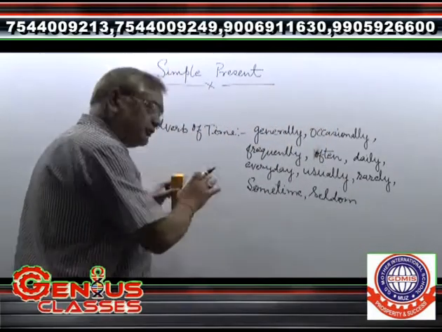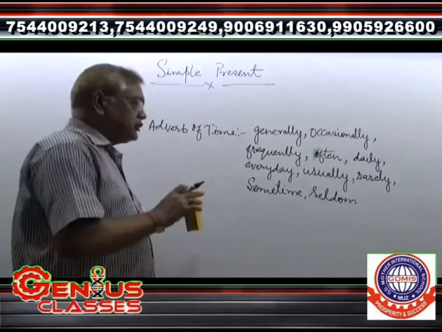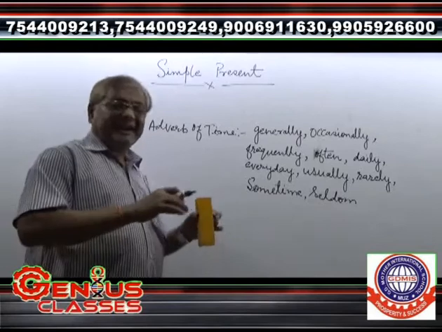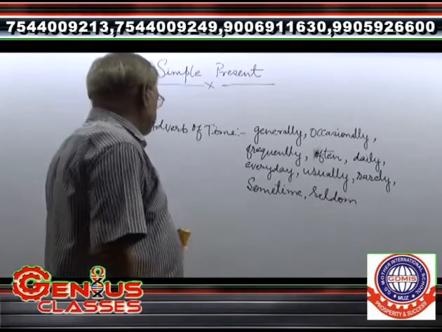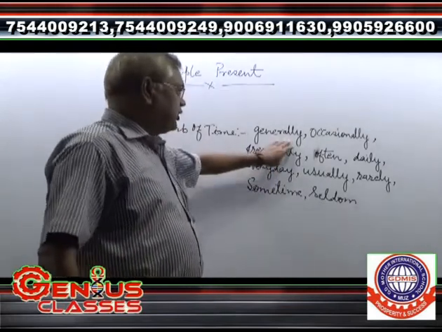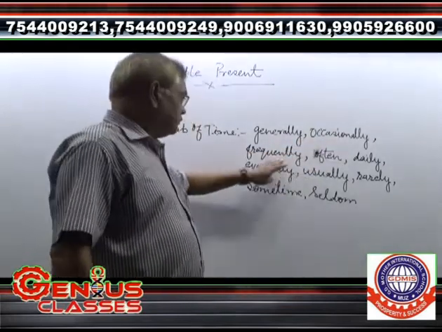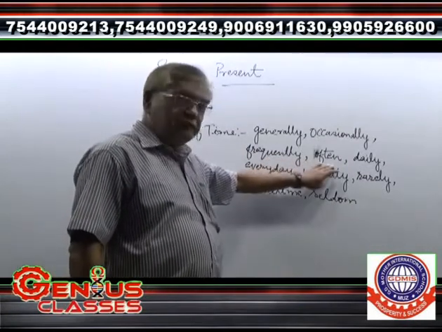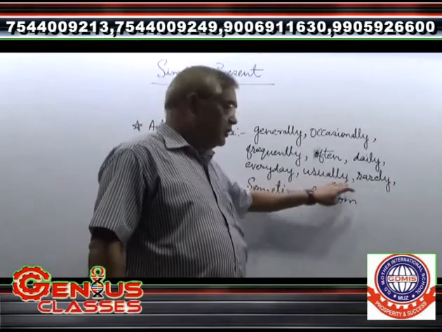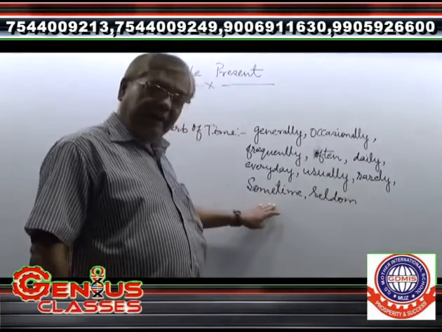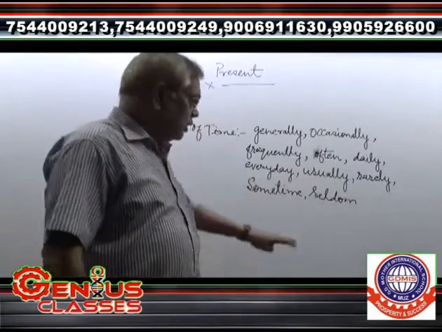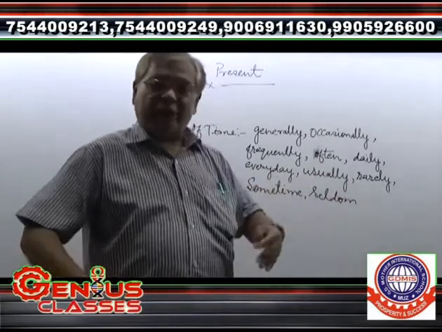So these are the special words which are used in case of the simple present tense along with a sentence. Like adverb of time, these are the words: generally, occasionally, frequently, often, daily, every day, usually, rarely, sometimes, seldom, etc. So the word seldom means sometimes.